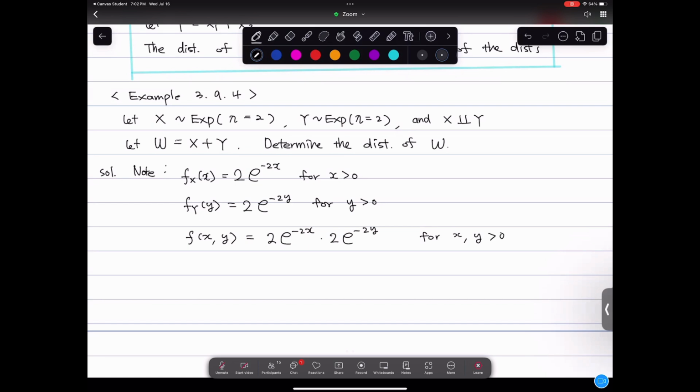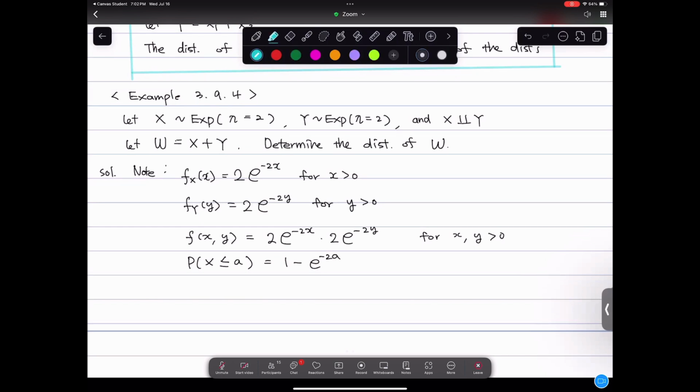Recall that if X is exponential, the probability that X is less than or equal to some number a is 1 minus e to the negative 2a, where 2 is your lambda.